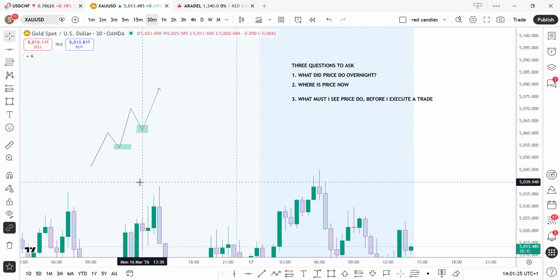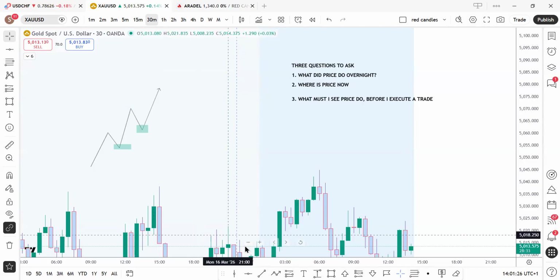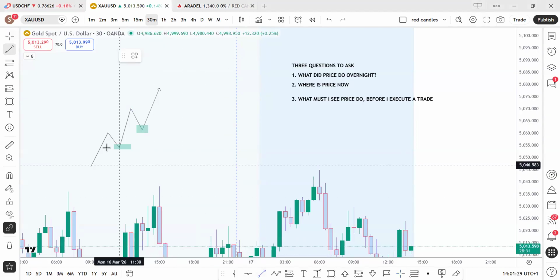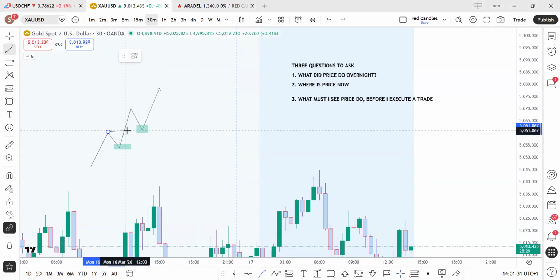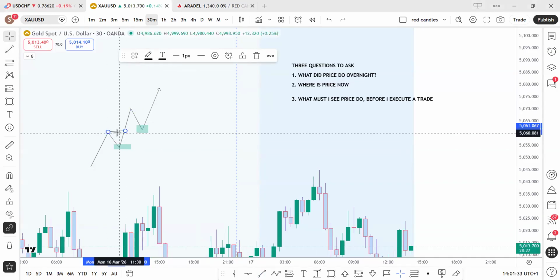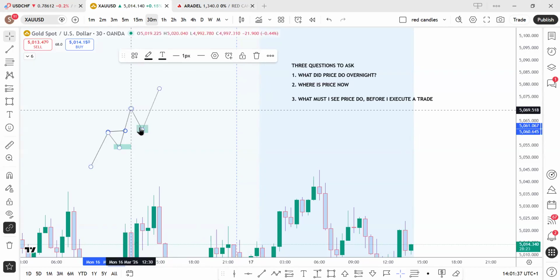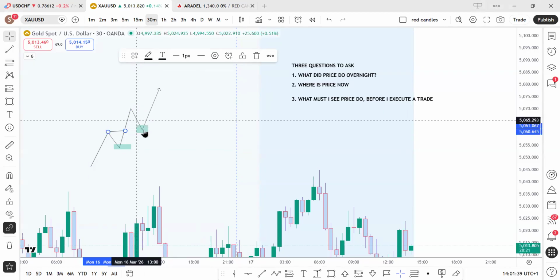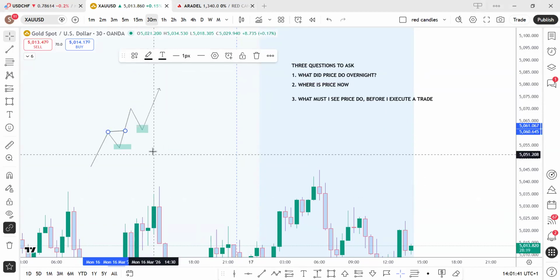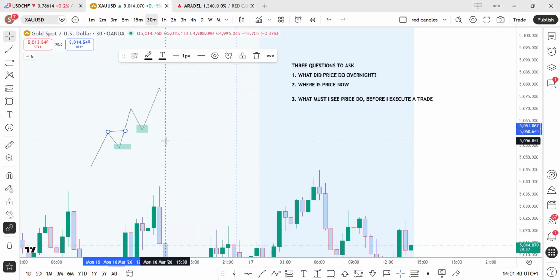So in our break of structure process, we're looking for price to actually break structure, right? And then we're looking for opportunity to enter the market on that pullback so that we can partake in the next move up. Okay, so that's one of the strategies we use.